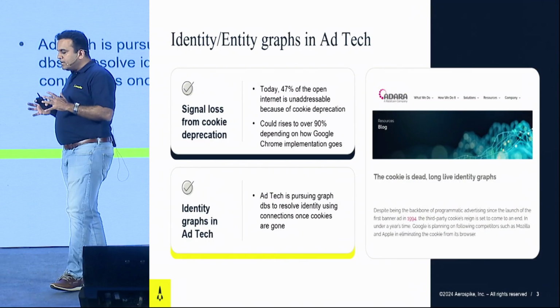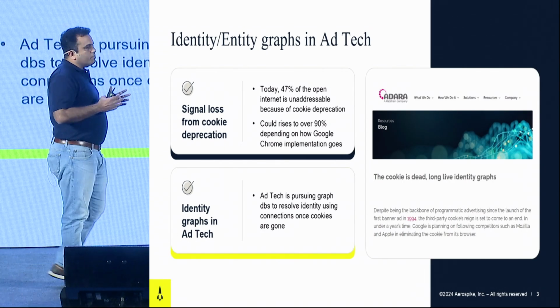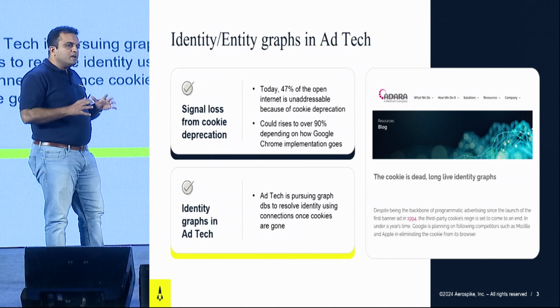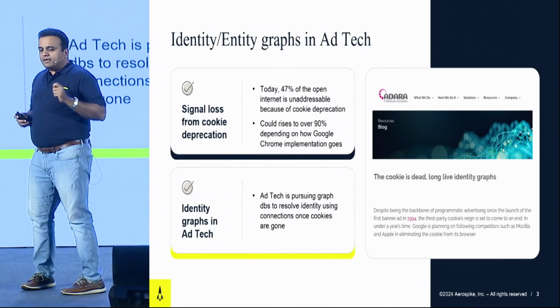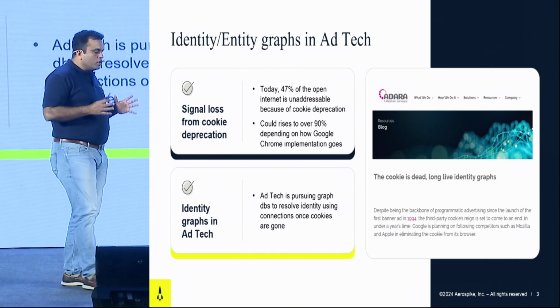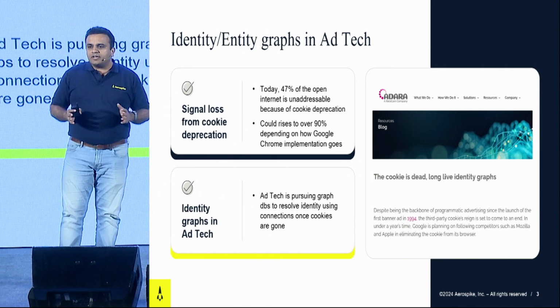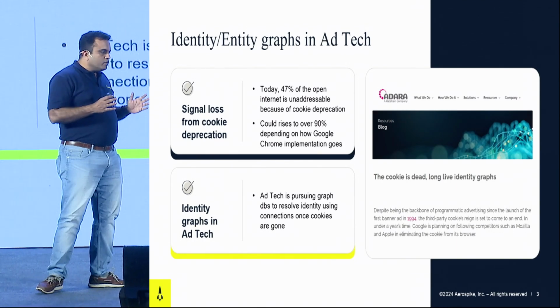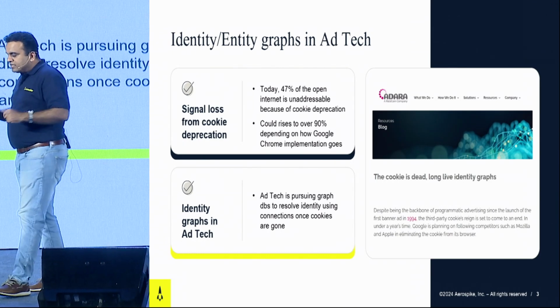You also heard Satish, one of the earlier speakers, speak about an application of this, and I'll try to give more color around identity and entity graphs, which hold a very prominent place in the advertising technology and marketing technology industry, and to some extent in customer 360, which has applicability across industry verticals.